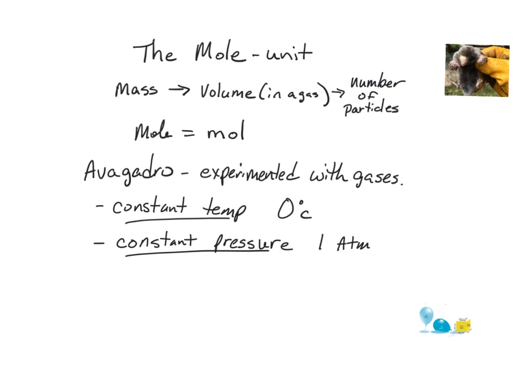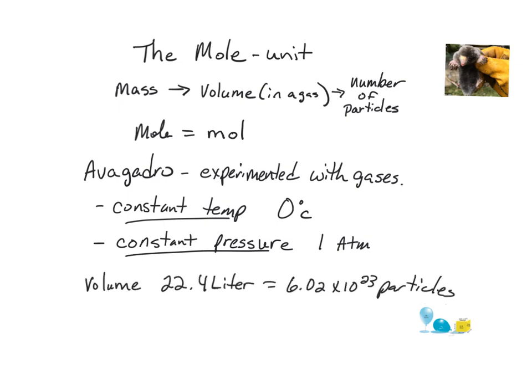If you have a volume of 22 liters, then that amount of gas particles you would have would be a huge number. It's 6.02 times 10 to the 23rd particles of gas. So this basic relationship is what started the idea of the mole, that you could actually look at the volume of a gas and determine how many particles were actually in that volume of gas.